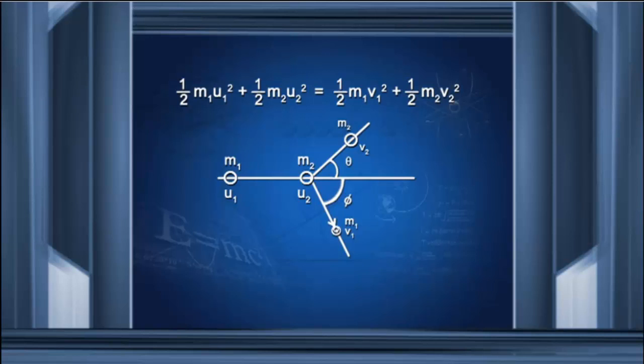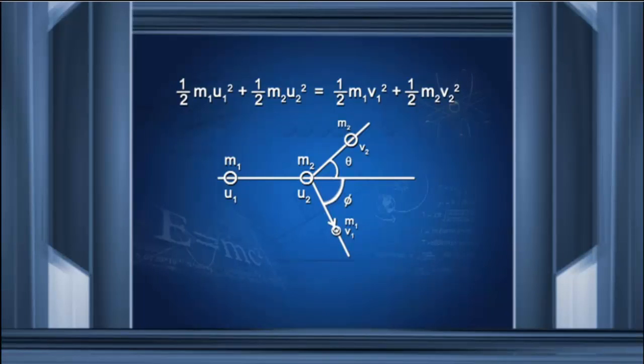No problem with that. In the other case, you could resolve these directions into horizontal and vertical components, and let us see what equations we would get. Momentum along this line for both of them and momentum along the vertical for both of them.